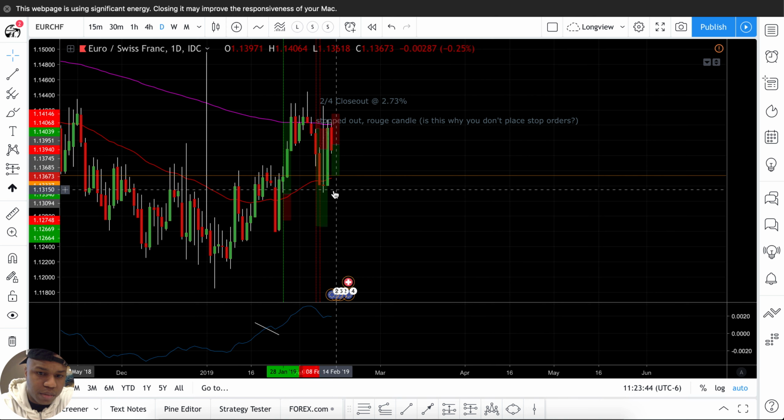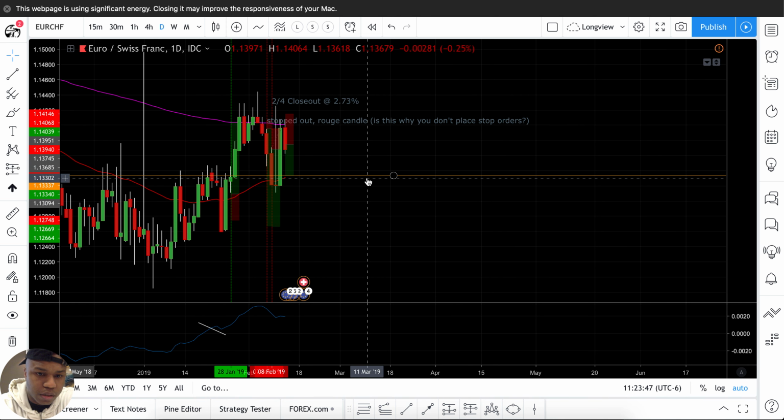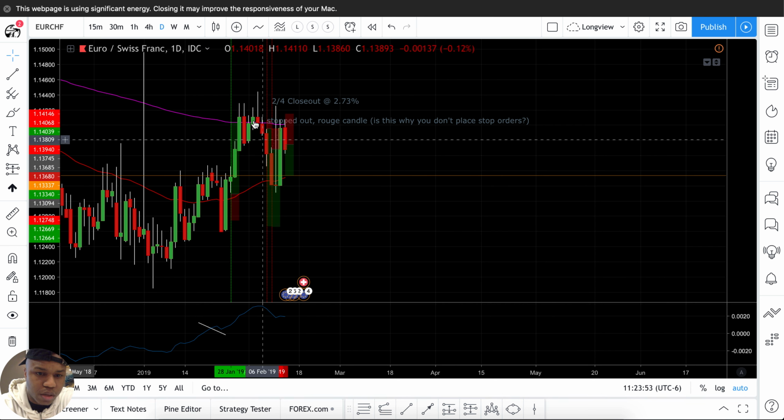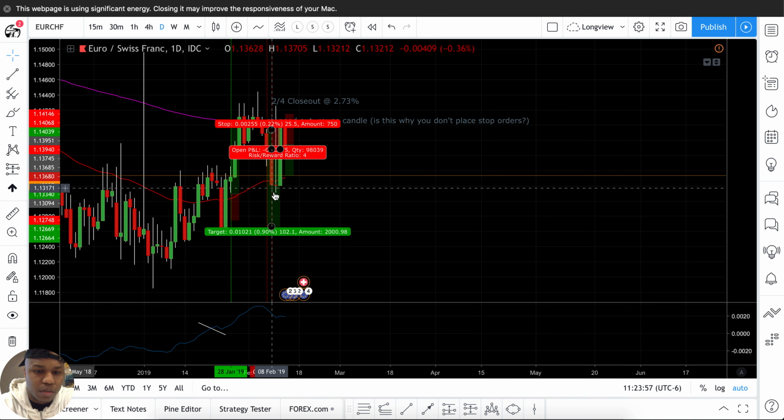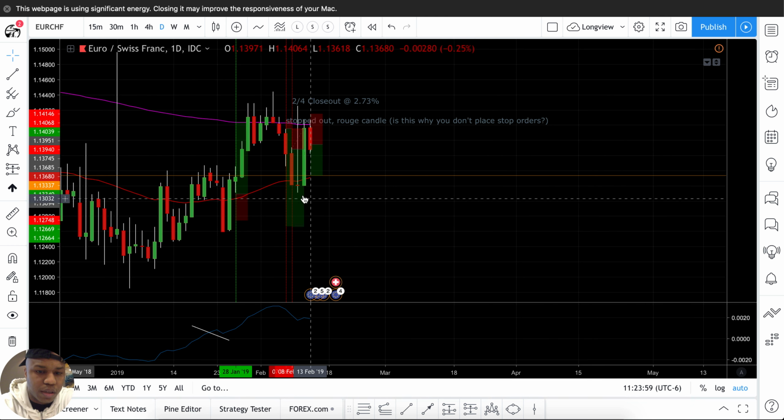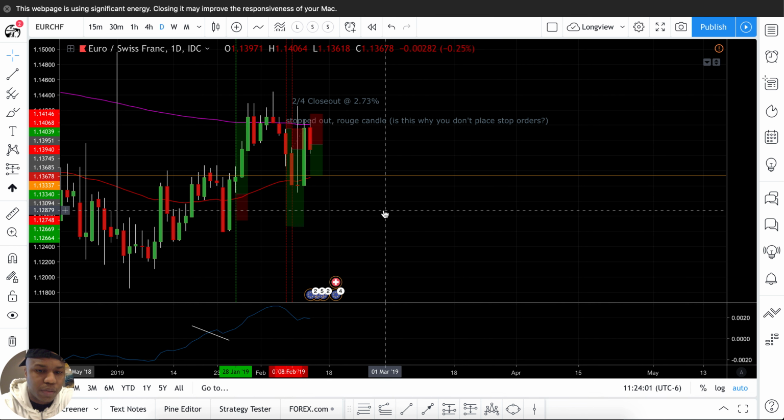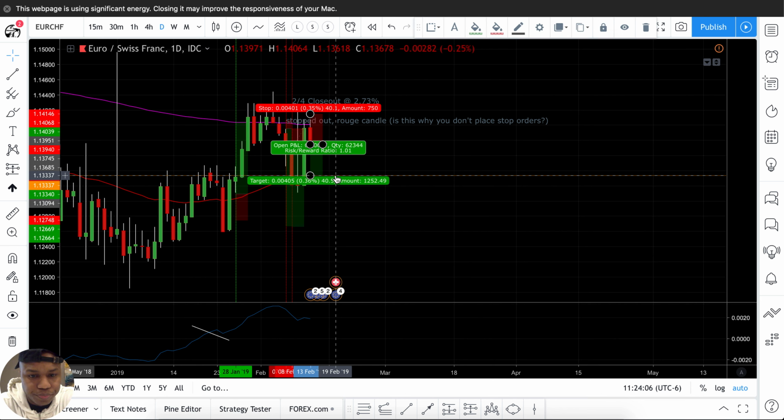I don't like that it's coming off of a big candle yesterday, meaning there's no exhaustion. It's just all over the place, up, down, up, down. Even this crazy candle stopped me out earlier this week. It's kind of rough. I can't do this one, man.